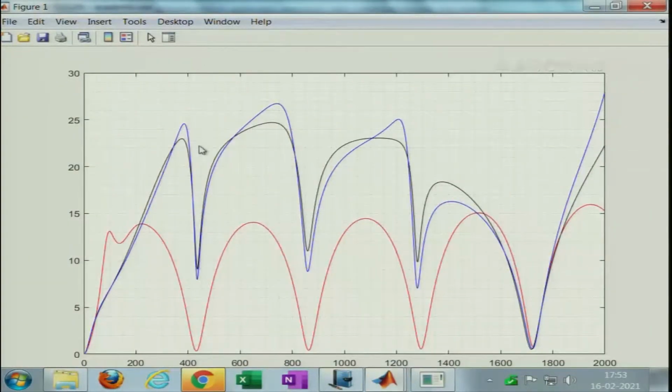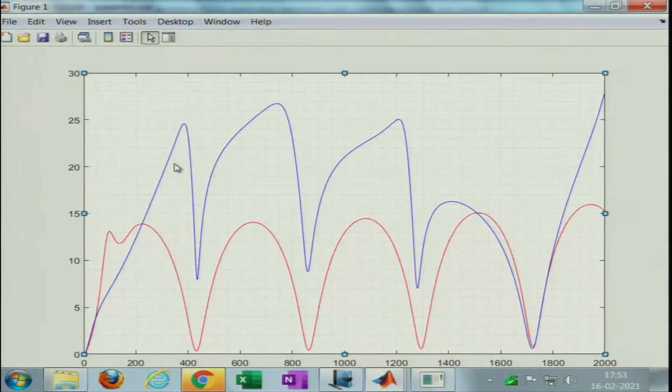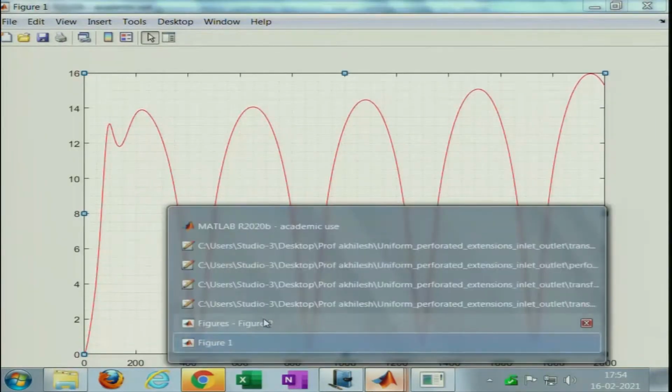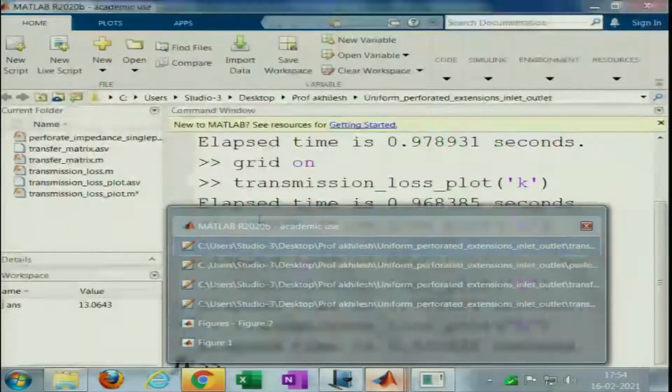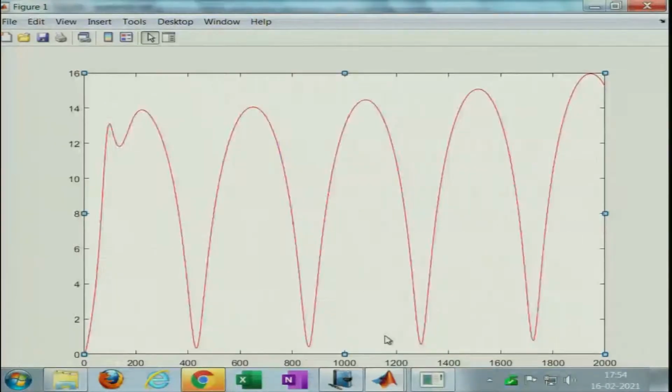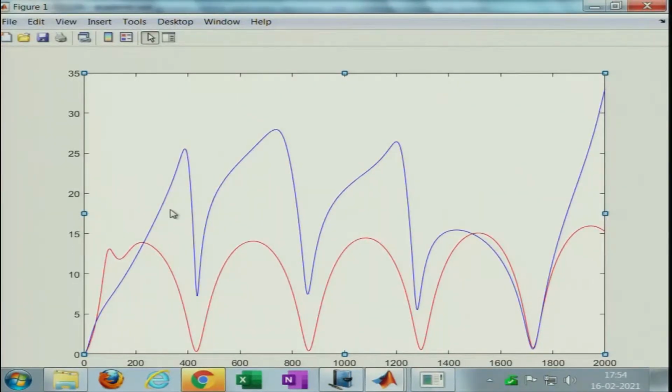So, we are getting this kind of a thing. So, basically mean flow tends to reduce or decrease the end correction. So, we are nearly there.